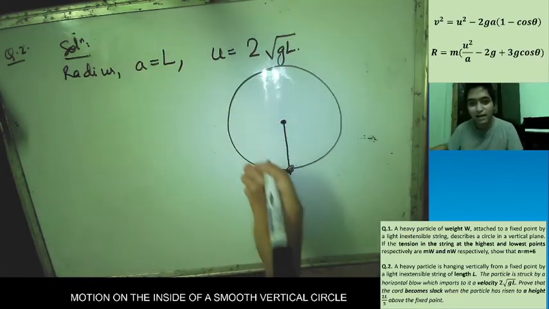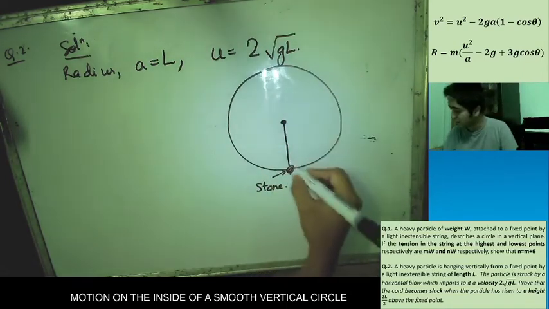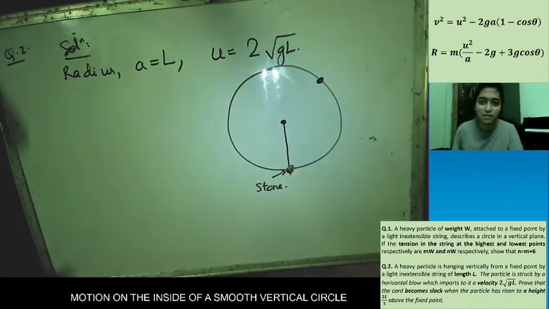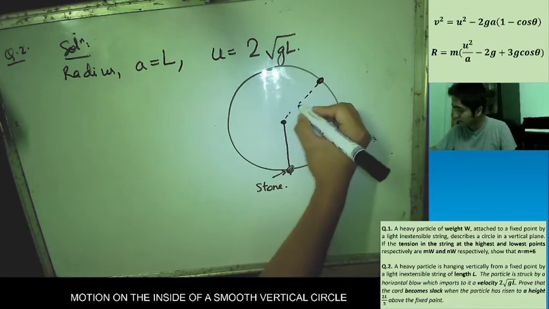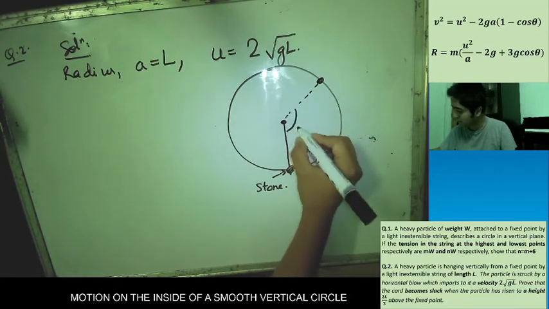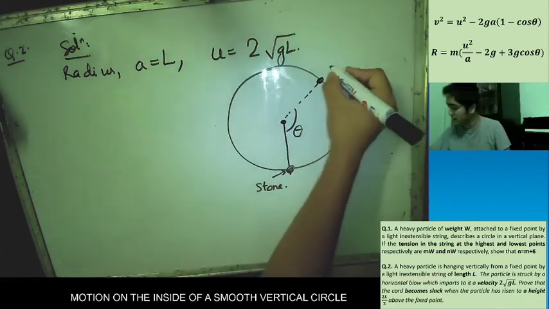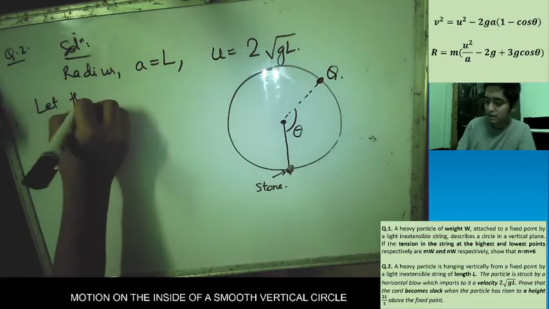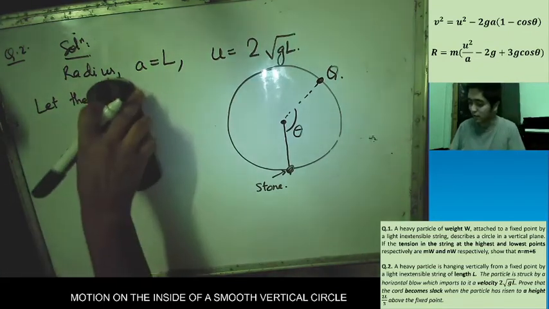If you remember what happened, there will no longer be any tension if the particle reaches somewhere to this point. So at this point theta, this string will become slack. Let the string become slack at point Q.